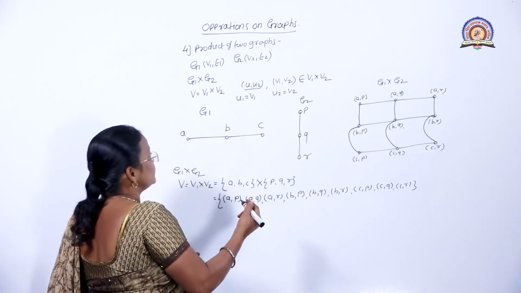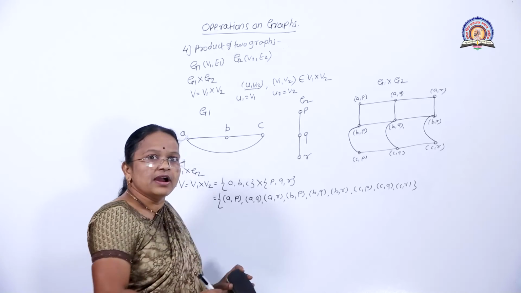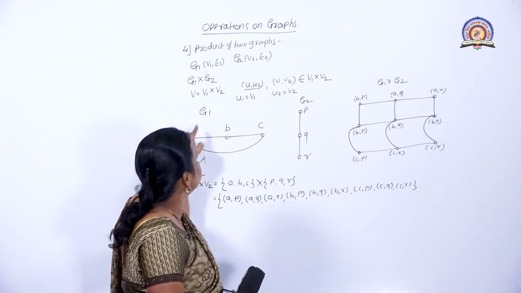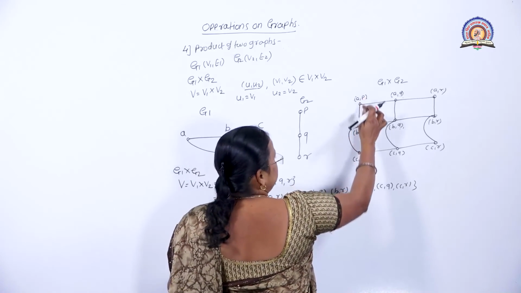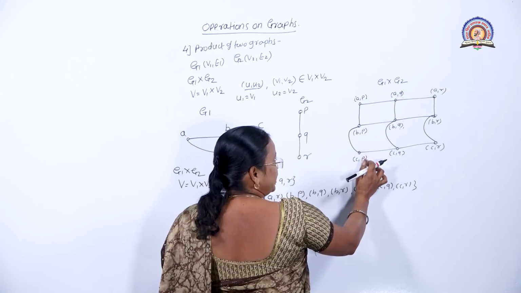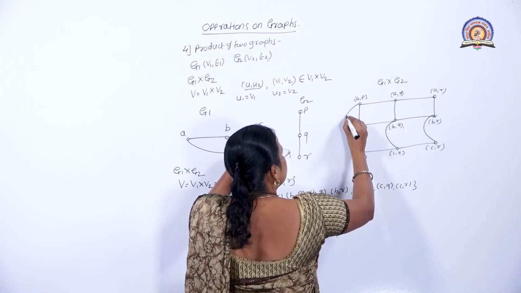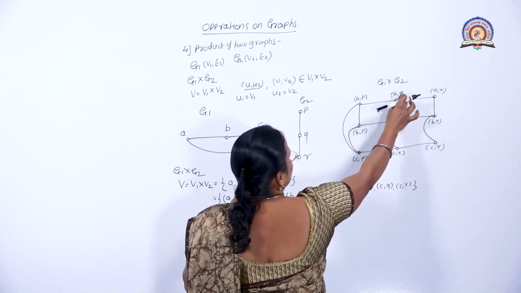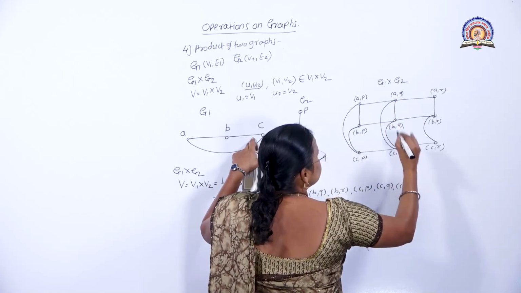For example, if I add an edge AC, then there is an edge between A and C. Then AP and CP: P is fixed, A and C are adjacent in G1, so we can join them. Again Q is fixed, A and C are adjacent, we can join them.